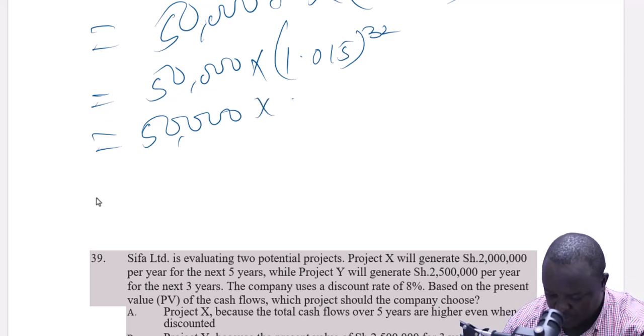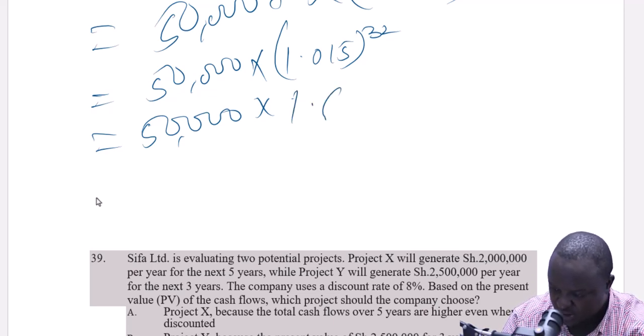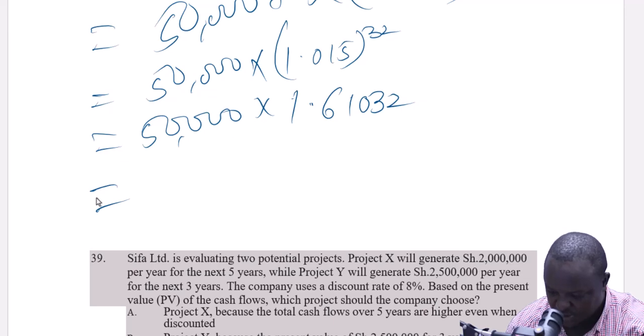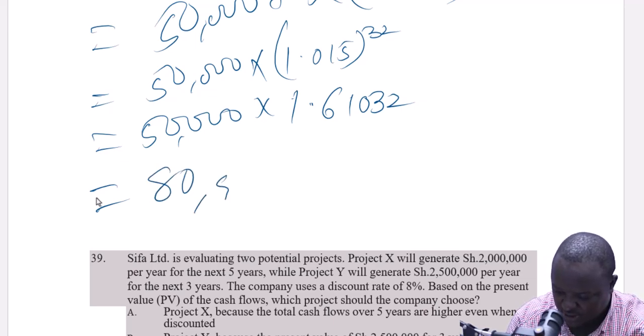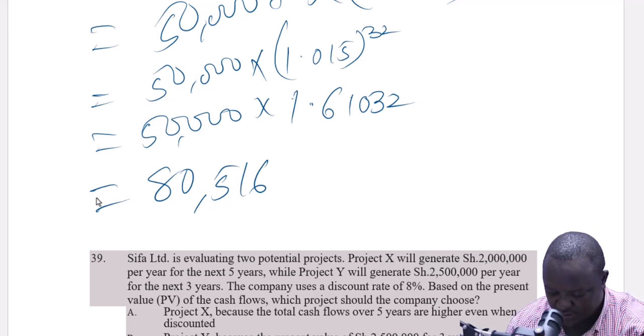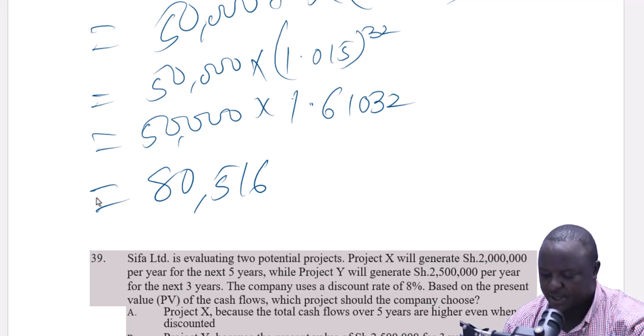So 1.015 raised to power 32, we will get 1.61032. 1.61032 times 50,000, we will get 80,516.